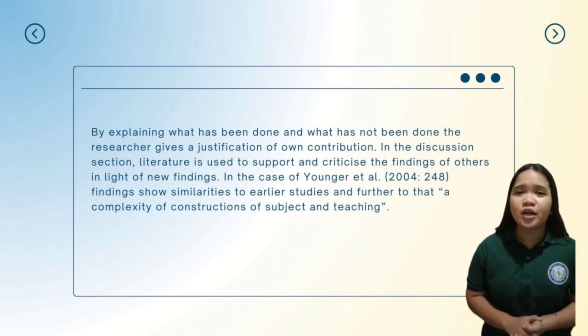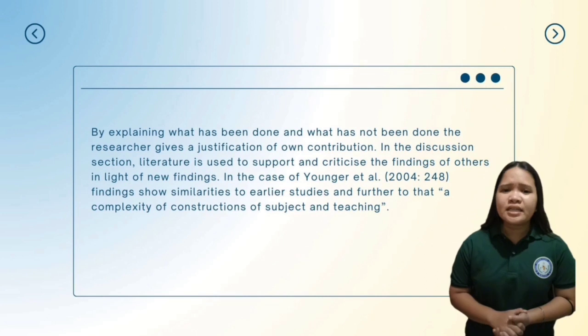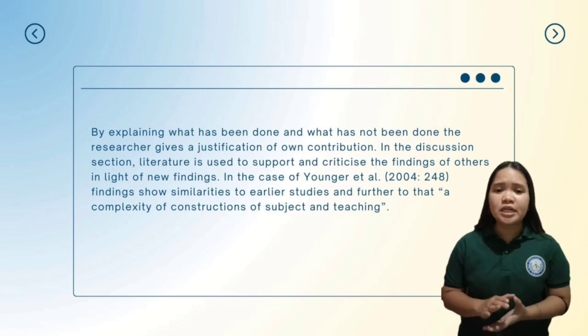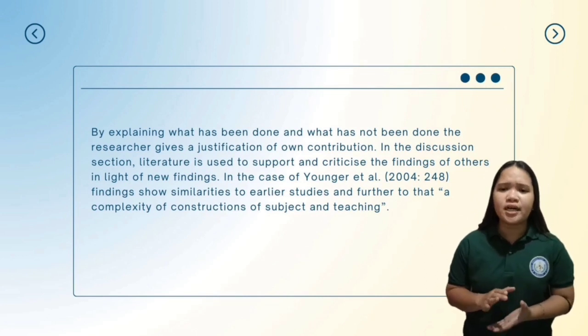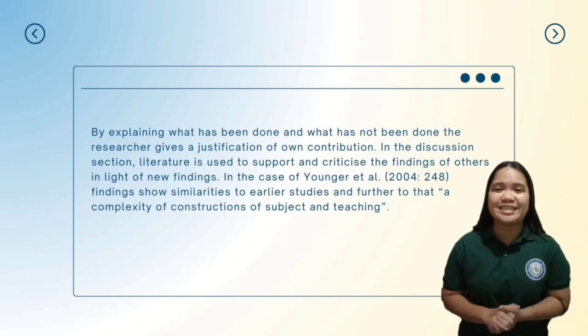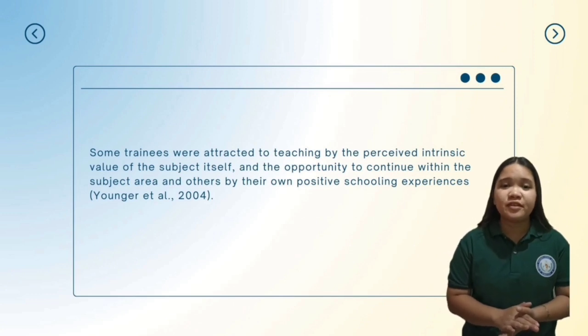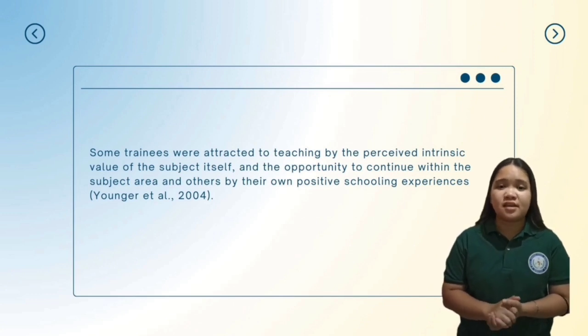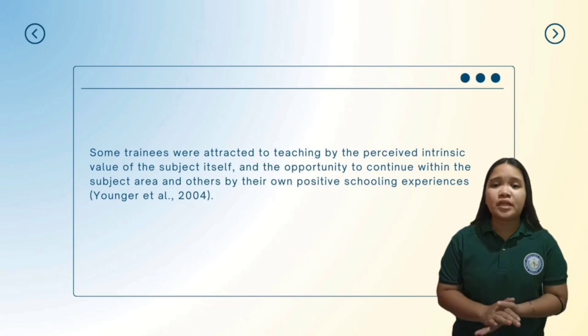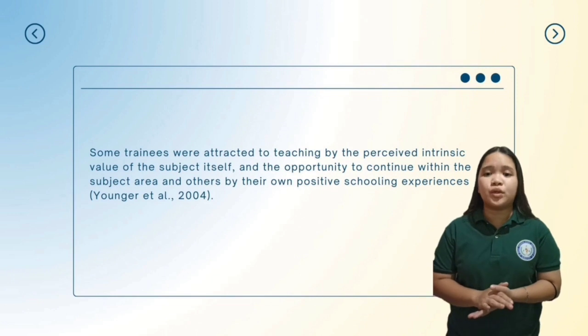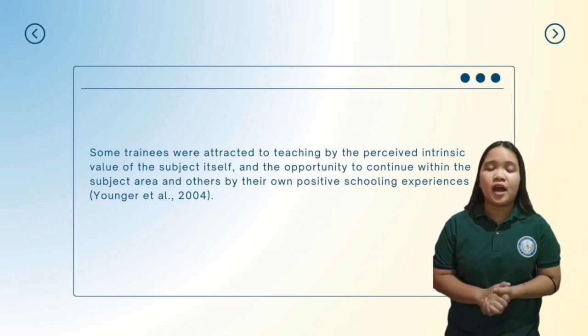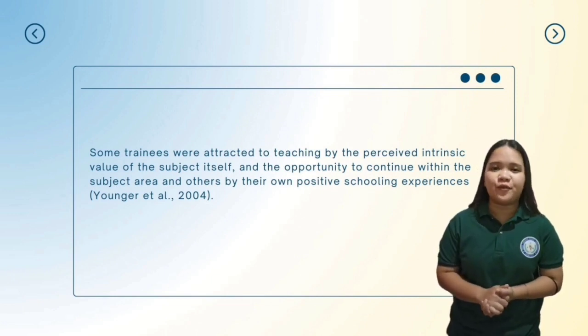In the case of Younger and others, findings show similarities to earlier studies and further a complexity of constructions of subject and teaching. Some trainees were attracted to teaching by the perceived intrinsic value of the subject itself, and opportunity to continue within the subject area, and the others by their own positive schooling experience, by Younger and others 2004.